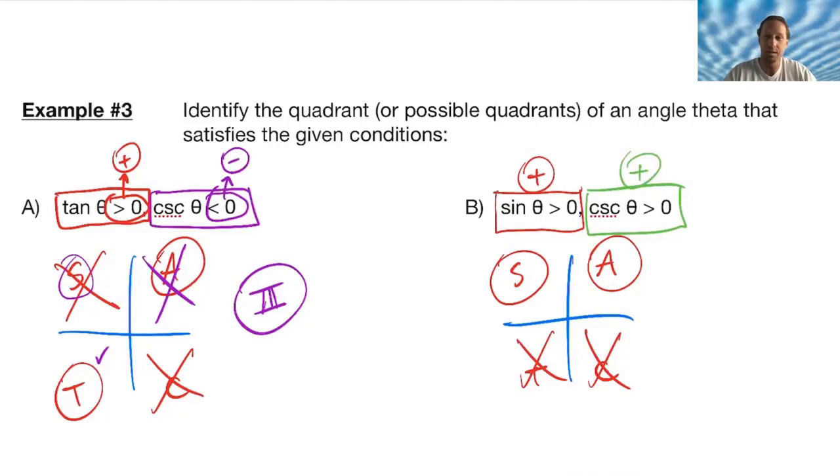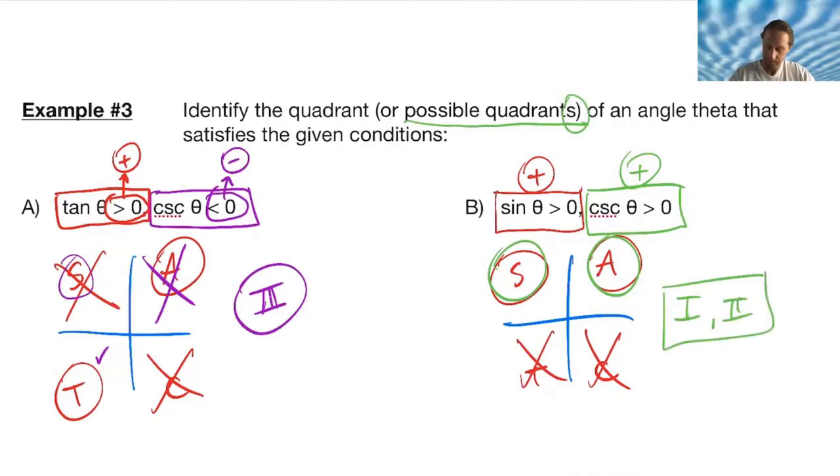And cosecant is simply the reciprocal function of sine, not cosine. Don't get that mixed up. It happens often. So therefore, we know that it's the same 2 quadrants. So that's why it said possible quadrants. This one would be 1 or 2 for our angle.